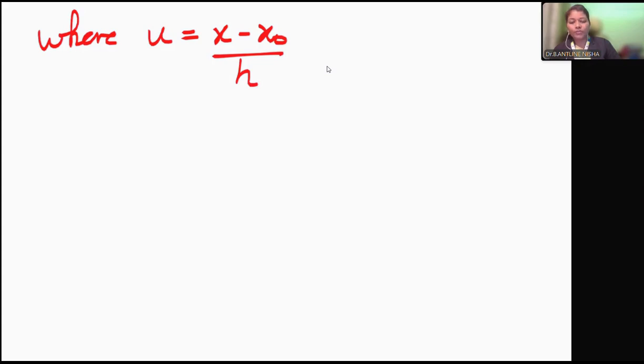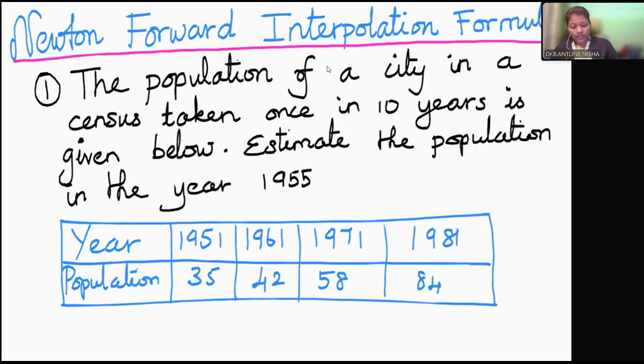You know, x naught means the first given x value. Let us go back to the question now. You see, this is x naught, this is x1, this is x2, this is x3. So x naught is 1951.